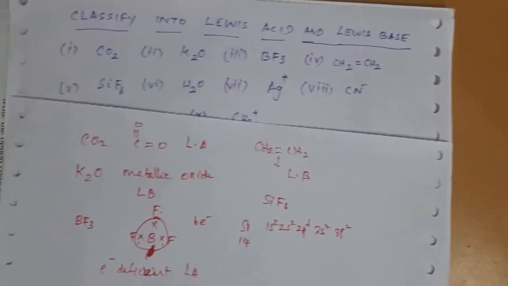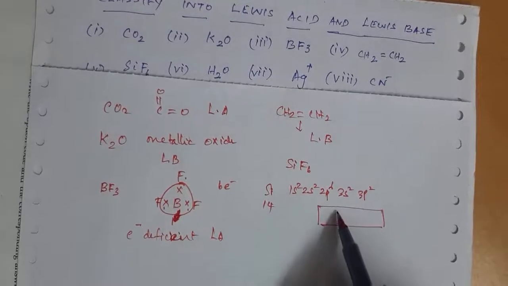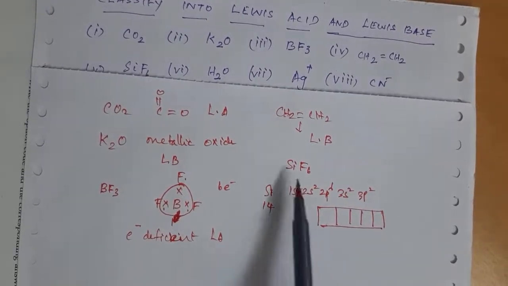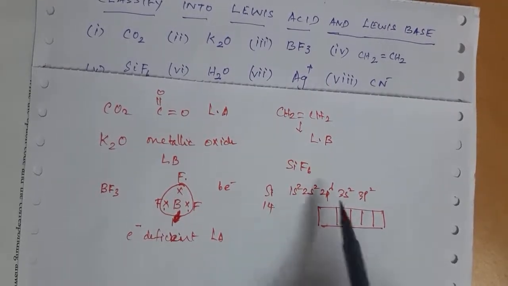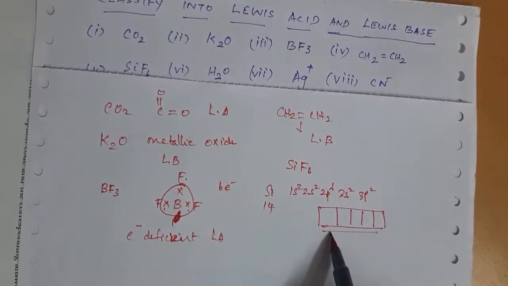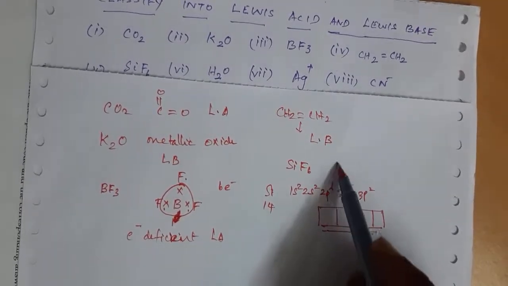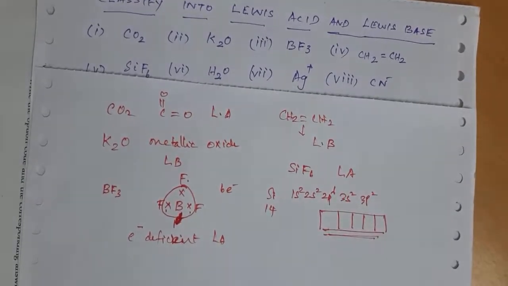The third level has empty d orbitals with 5 orientations, so during bond formation silicon is able to expand its octet using the d orbitals. So it can accept electrons, and it is a Lewis acid.